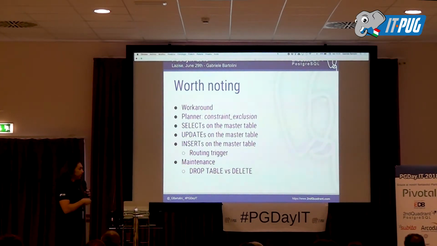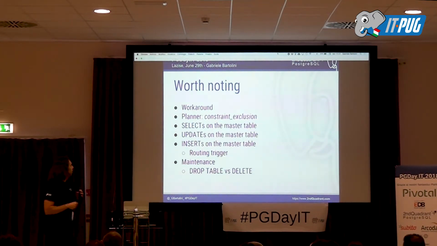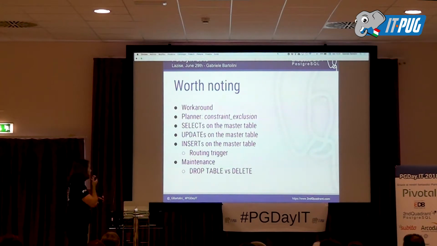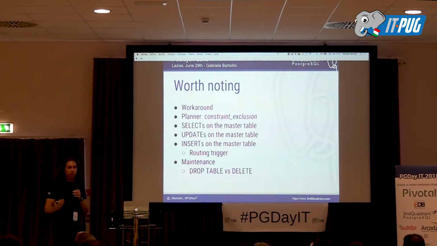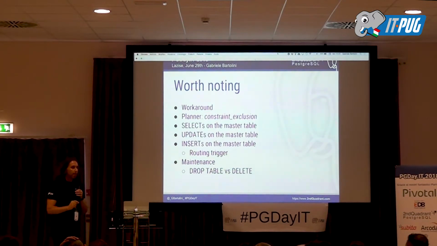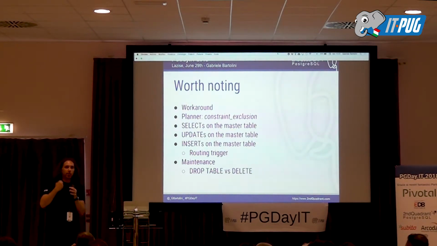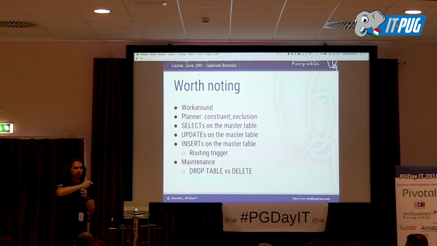If I don't have a where condition, it's like a union all of all these tables. I can perform updates on the master table that are rerouted to the child tables, but moving records across partitions is not allowed. So if I want to change a date of a fact from June to July, that's not possible. I need to remove that record and insert another one in the other partition.